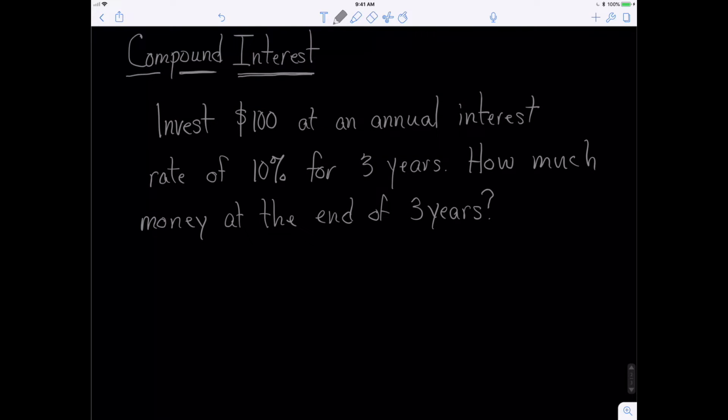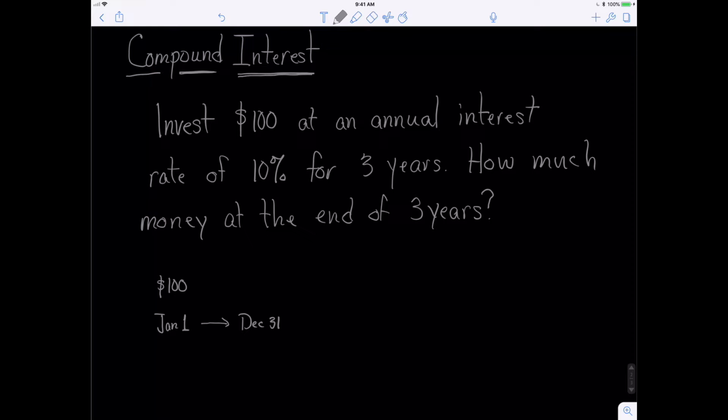Let me explain how interest works. If you make an investment, you take your $100 and put it in the bank and leave it there. So this would be like January 1st. And you leave it there all the way through the year until December 31st. You're going to receive an additional 10% of your money.